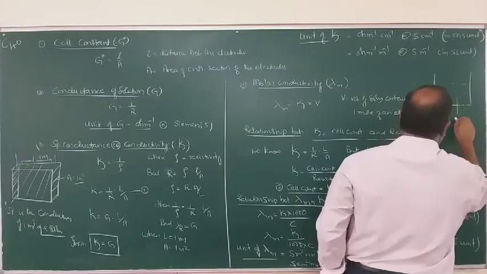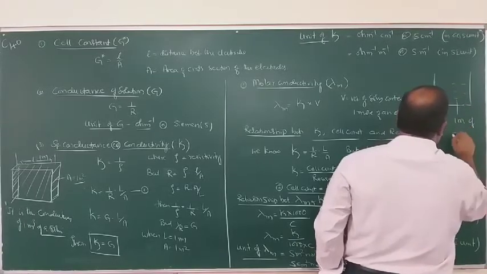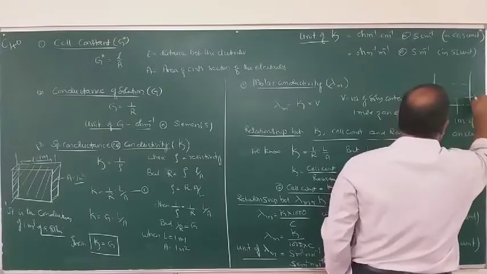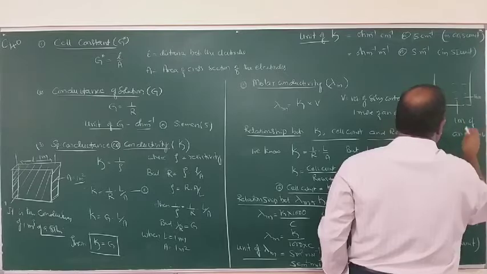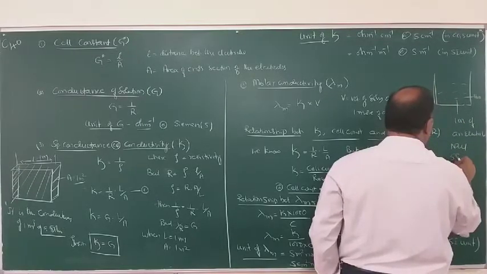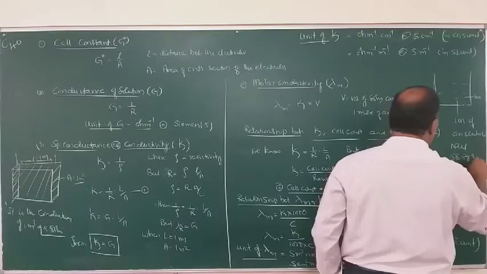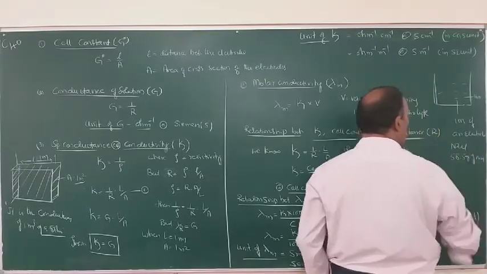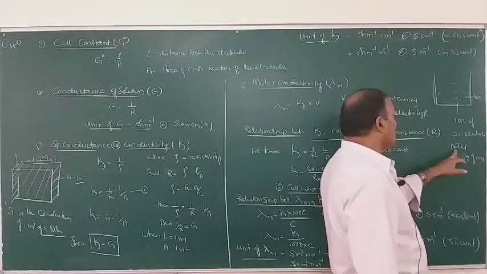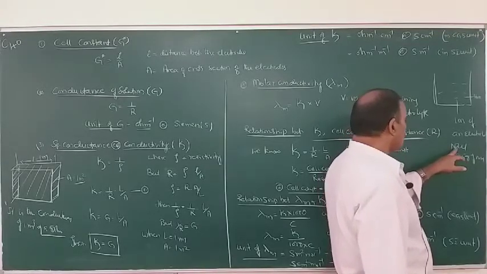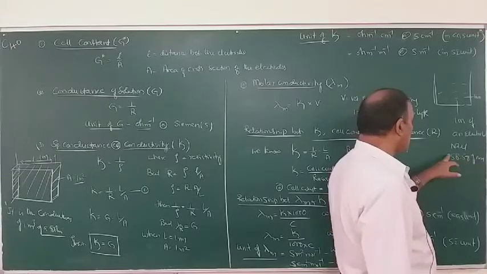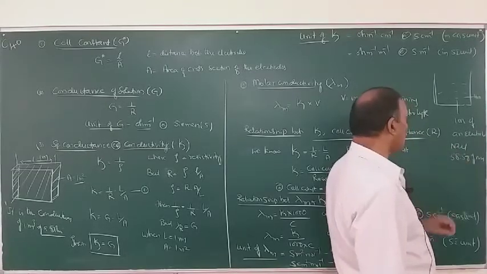If this solution contains 1 mole of an electrolyte, and this is water. So if it is sodium chloride NaCl, 1 mole of sodium chloride means 58.5 gram of NaCl, because 58.5 is the gram molar mass of sodium chloride. 58.5 gram of sodium chloride is called 1 mole of sodium chloride.